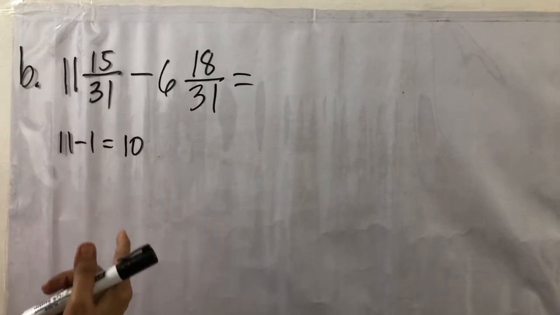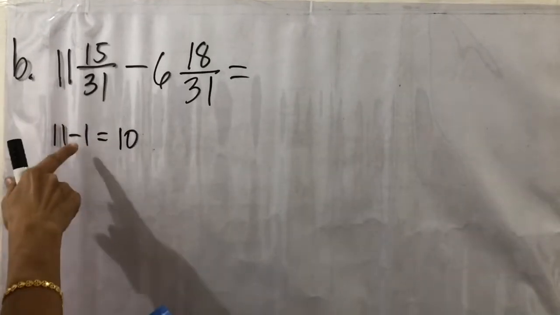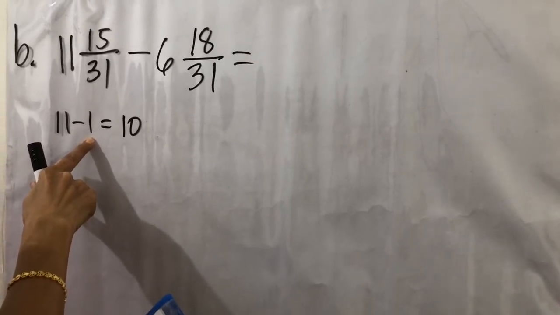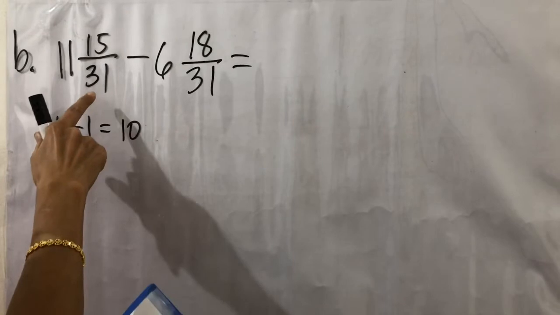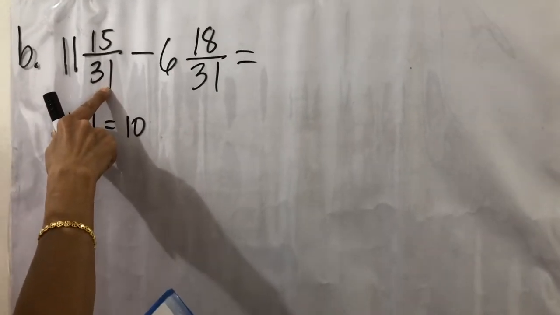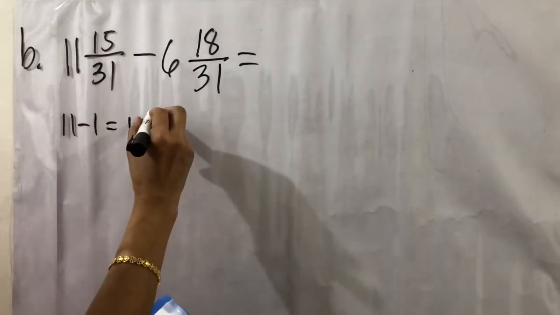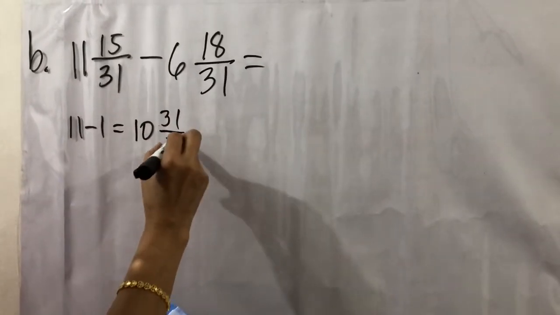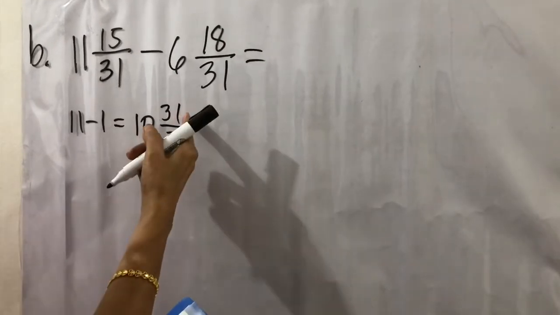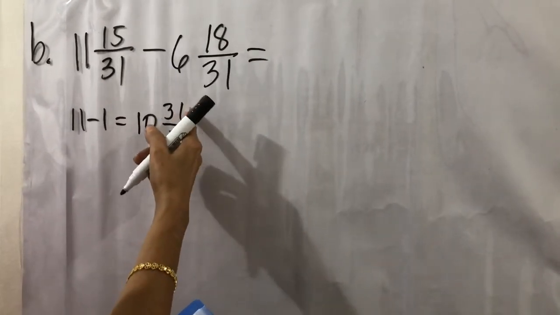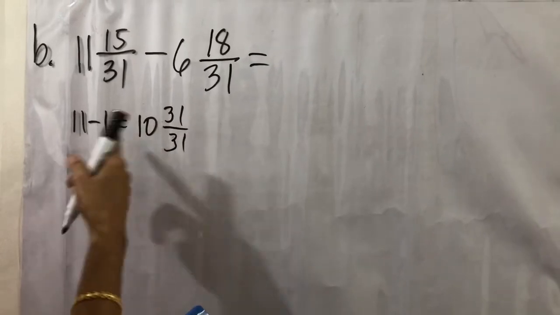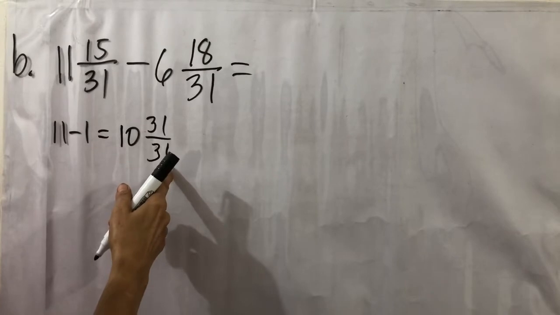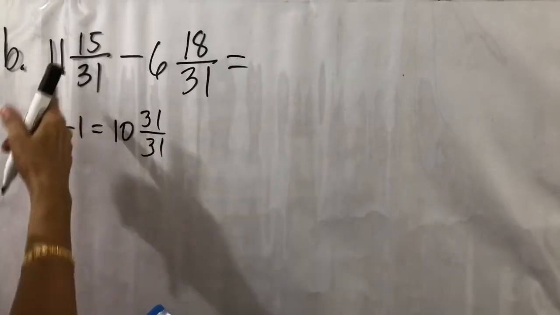So, the 1 that we subtracted here, we're going to make it as fraction that is equal to 1. So, the denominator here is 31. So, you write that 1 as numerator, and then the denominator is also 31. Remember, the fraction 31 over 31 is equal to 1. We rename this one as 31 over 31. So, 1 plus 10, that is 11.